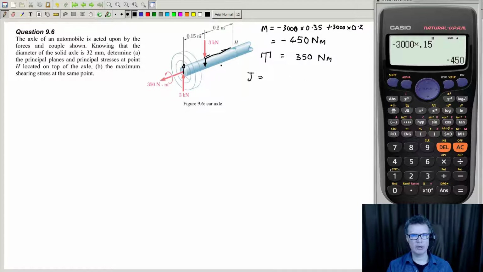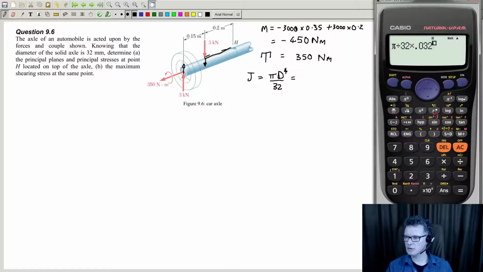So what's the J going to be? It's solid, so straightforward. Pi d to the power 4 divided by 32. So that equals pi divided by 32 times by the diameter, 0.032 to the power 4.